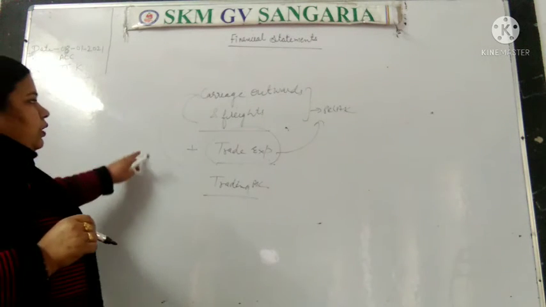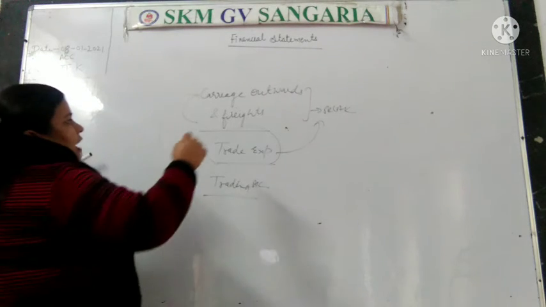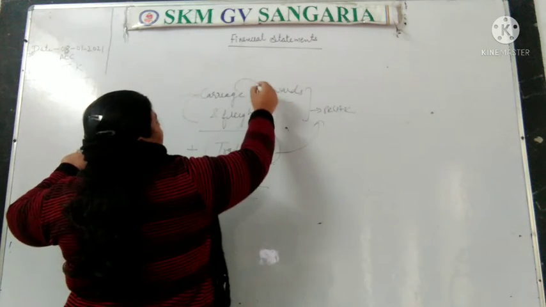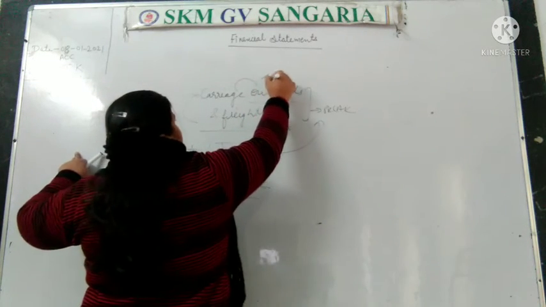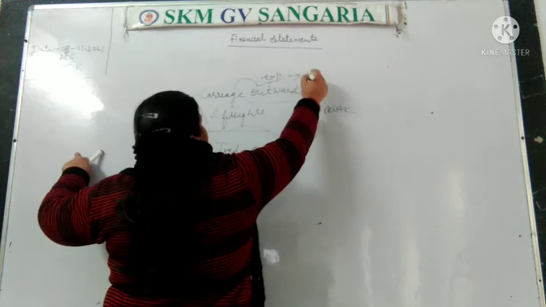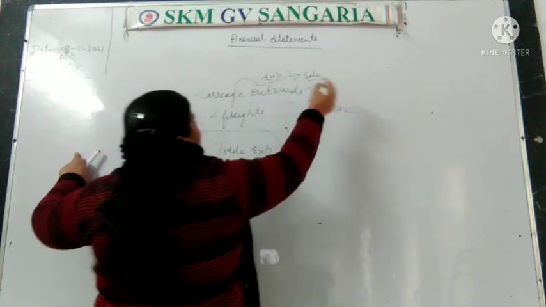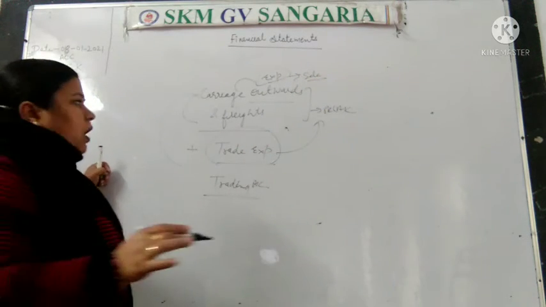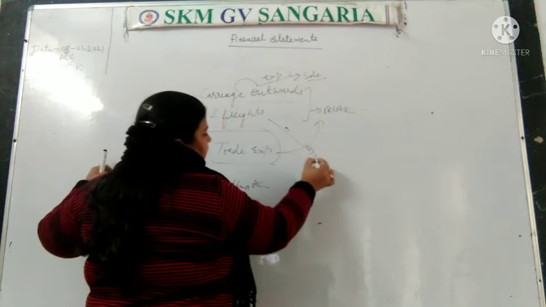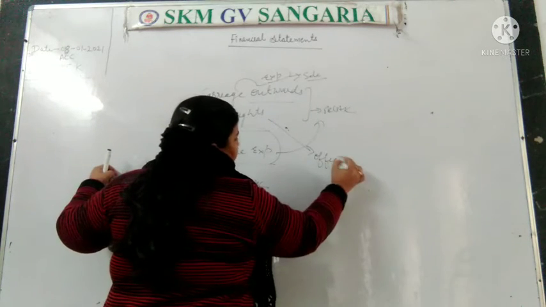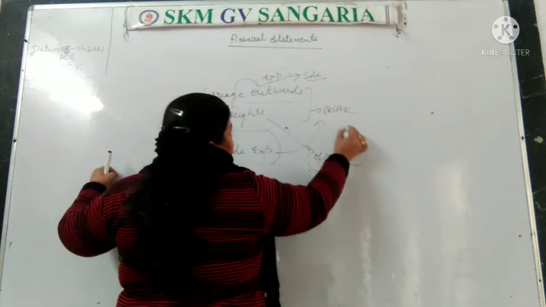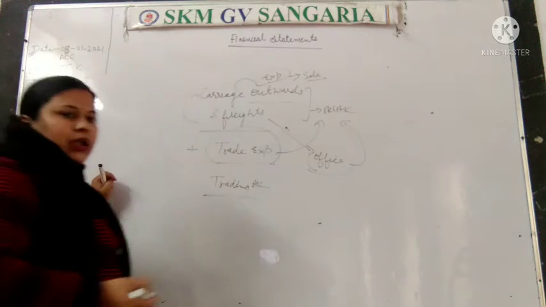ठीक है, इन दोनों को इंक्लूड नहीं किया जाएगा because carriage outward is related to the expenses which are made to promote the sale, and this will be the part of office. Okay, and all the office expenses are written in the P&L account.